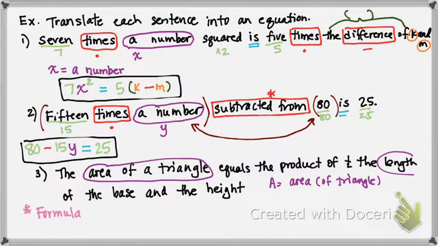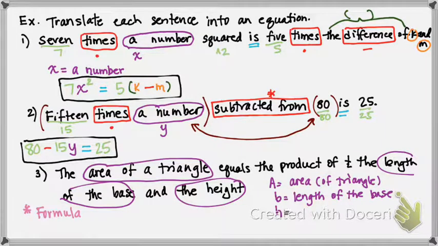We have the length of the base, so we're just going to call that B. A lot of you said, why don't we call it L? Because that stands for the length of the side of a rectangle. So B is the length of the base. And the height of the triangle. Okay? Those are the 3 unknowns that create this formula.